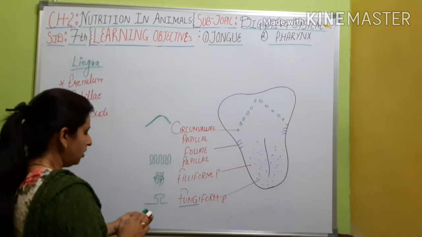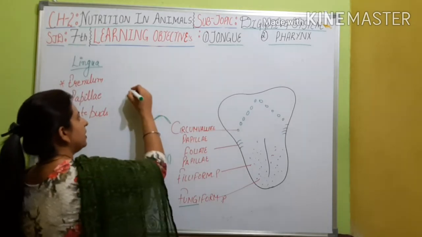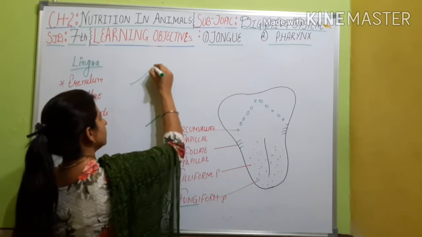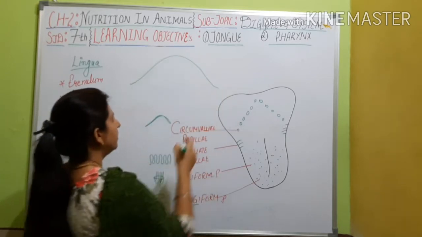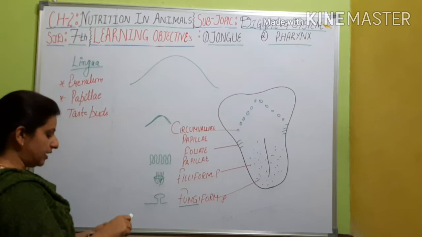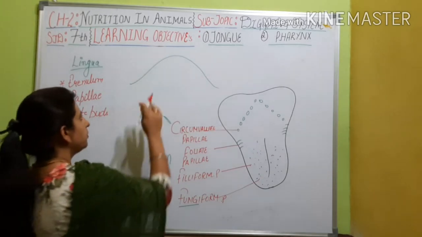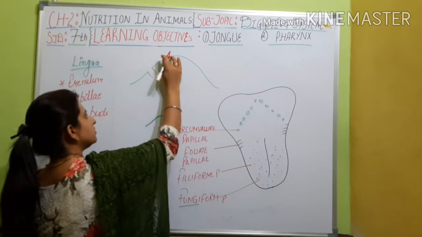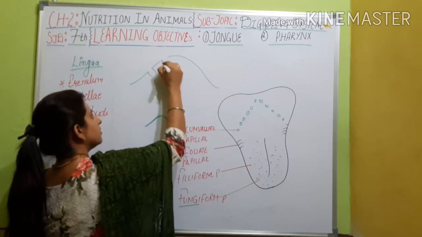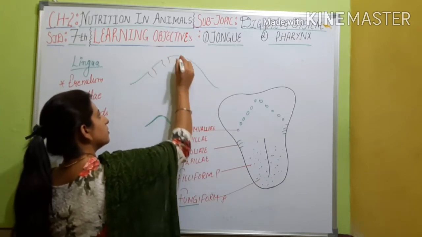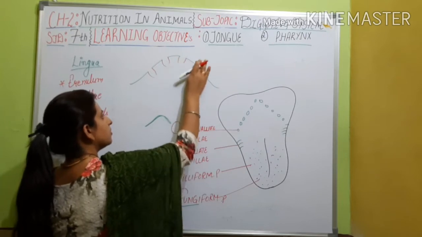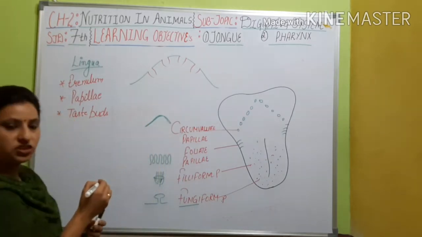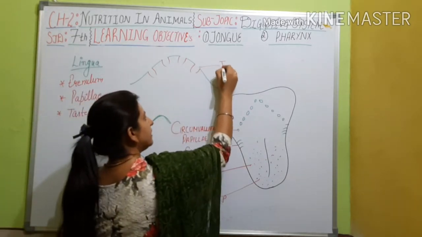If I draw a diagram of a papillae, this is the papillae, and in each papillae there are projection-like structures, and these projection-like structures are called taste buds.